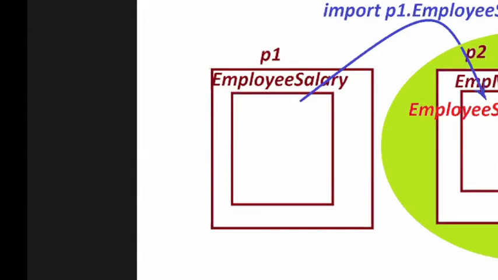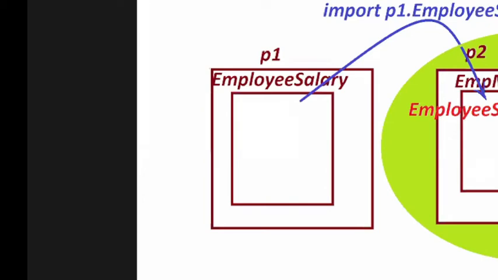So I'll go to that P1. There one employee salary is there. I'll cross check that employee salary is available or not, and I'll find that it is available in P1. So I'll compile your current code and go forward.